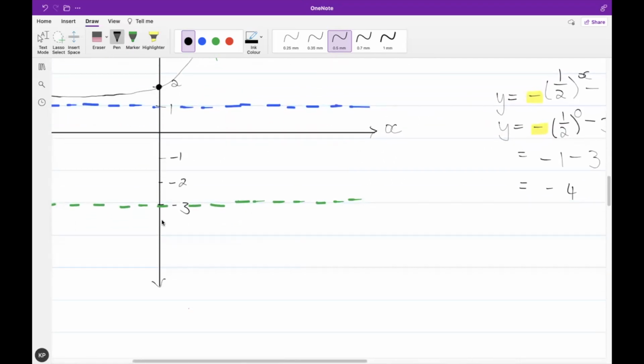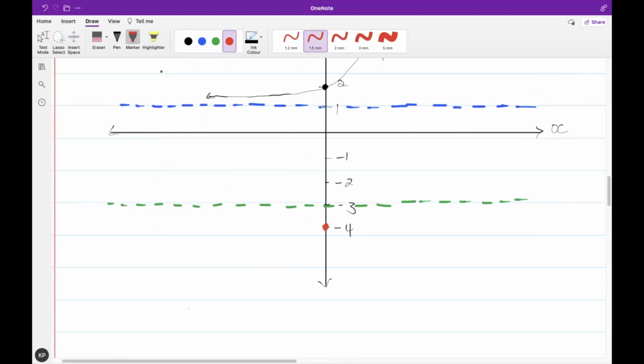All right, so we've established -4, that my intercept, let me use red, is at -4. And we said this graph is curving down. So it goes from there, that way, and that was terrible.